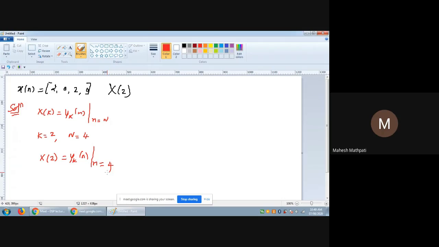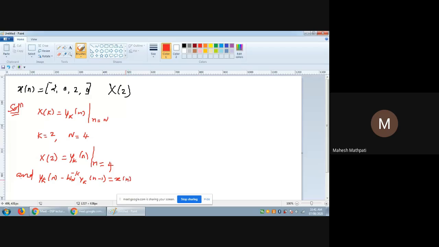Yes. And we know the difference equation also. What the difference equation we have calculated? Yk of n minus Wn to the power minus k into Yk of n minus 1 is equal to x of n.